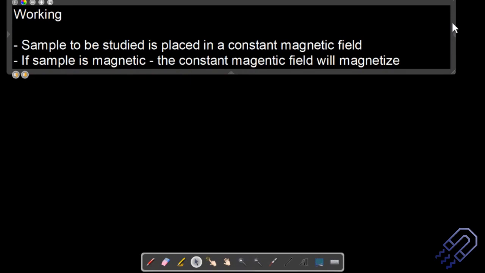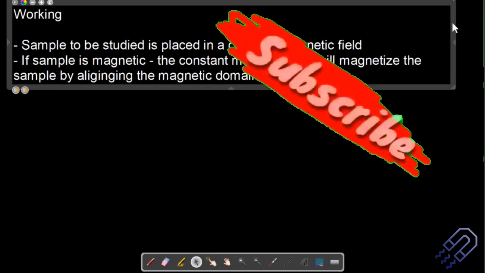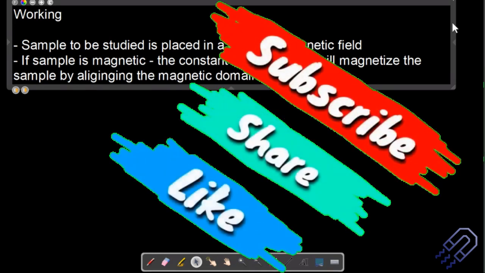So the constant magnetic field will magnetize the sample by aligning the magnetic domains. This is something called magnetic domains, and it is divided into domains for para, ferro, and so on. This is how they are defined, how they are divided.